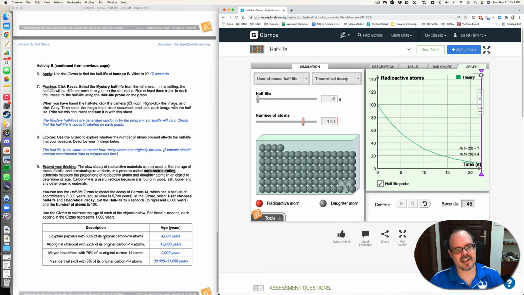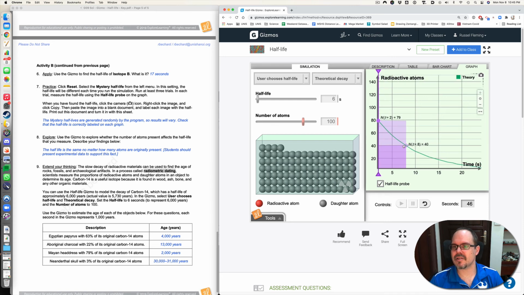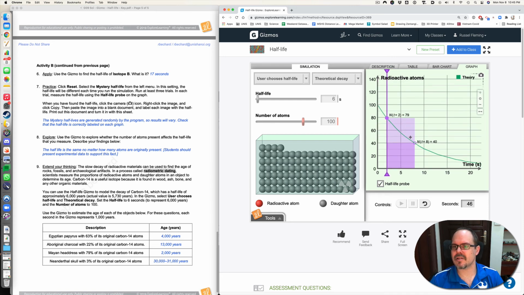So if I want to find 63% of the original carbon-14 atoms, I just need to go to 63. What's happening here? It's already showing me a half-life. Oh, that's so cool! Okay, but anyways, I don't want 63 though.